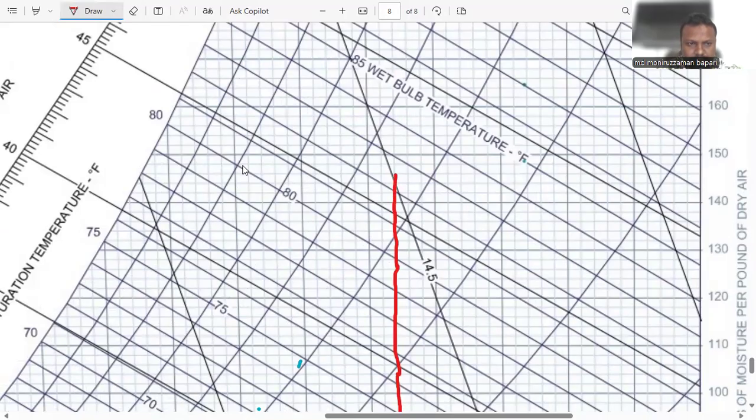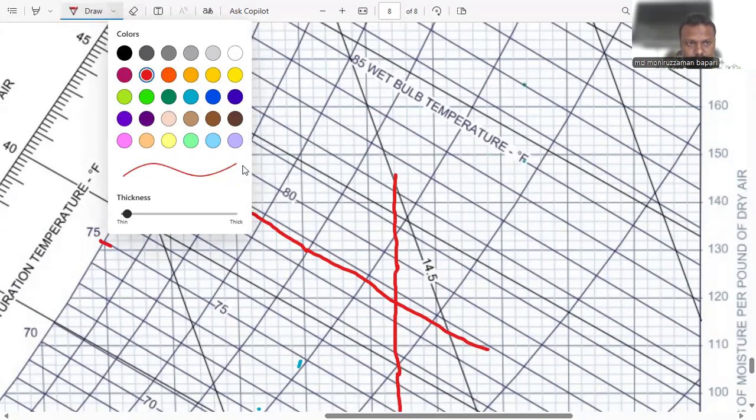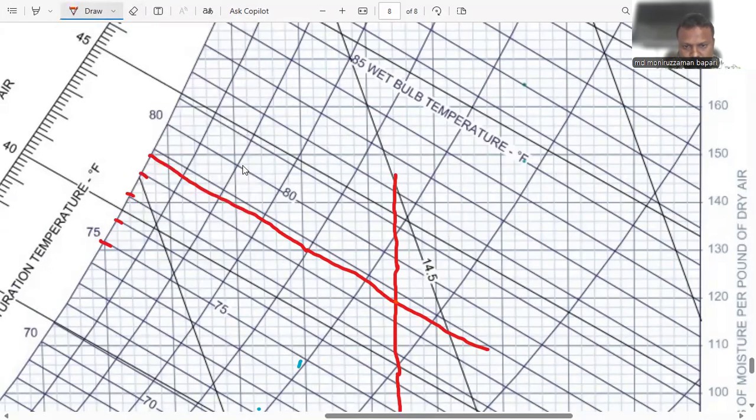And the wet bulb temperature is 78.8. So we have 75, 6, 7, 8. 78.8 is in here. Let's make a circle in here because we have found our point of interest.